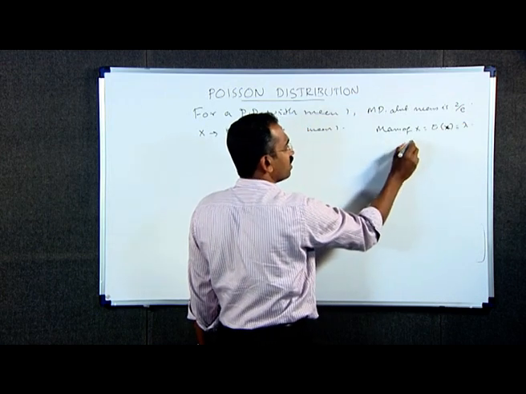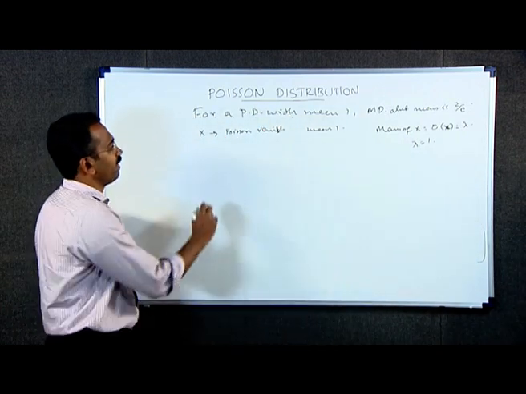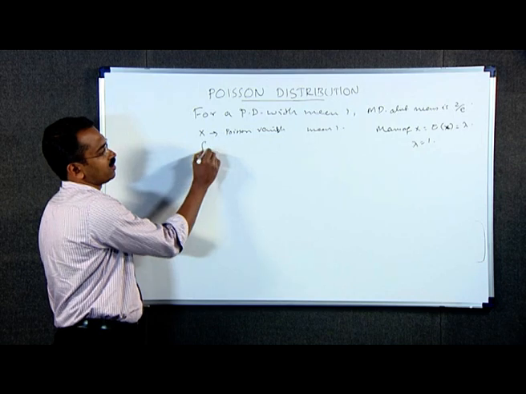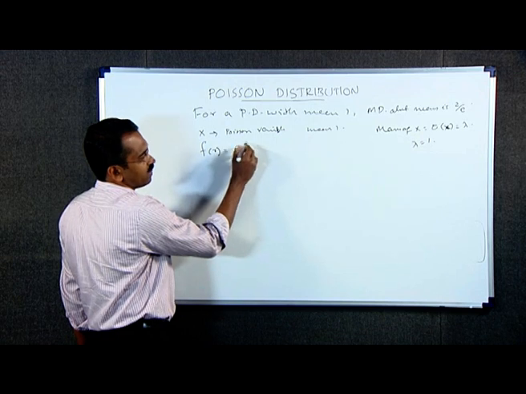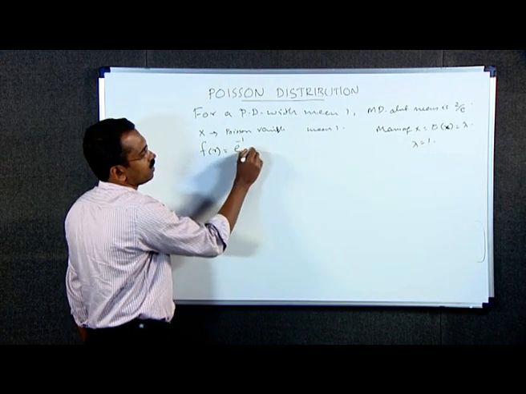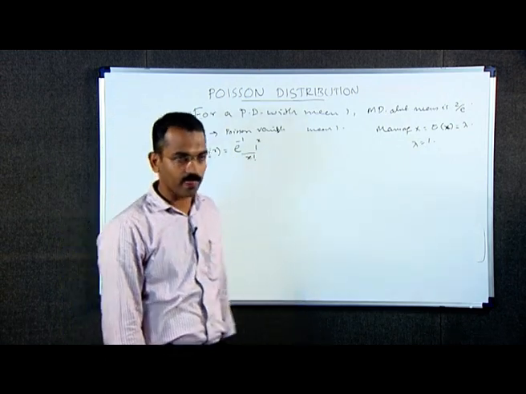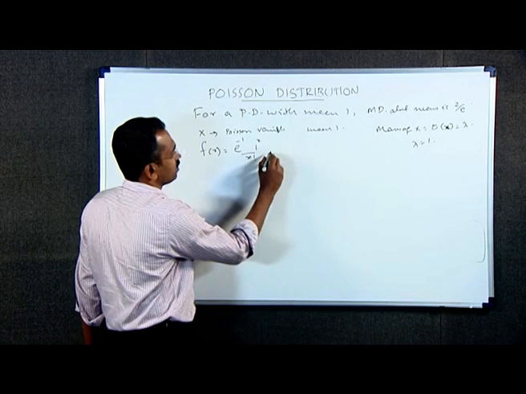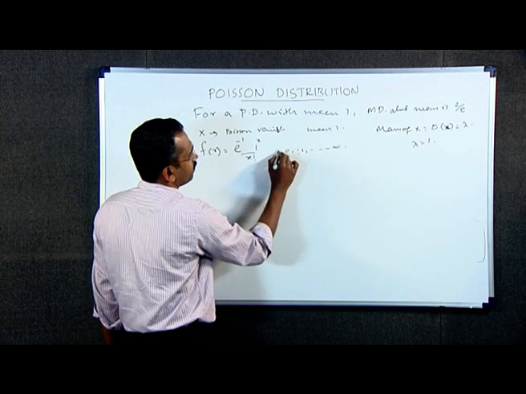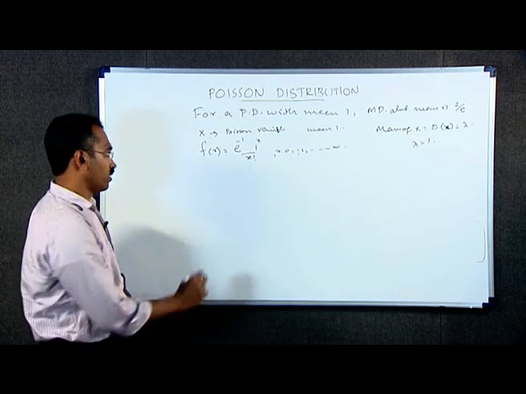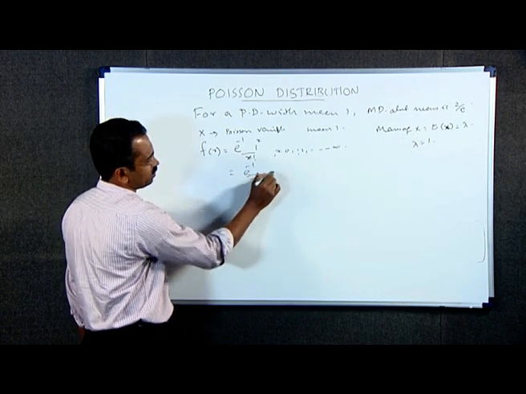Here the mean is 1, therefore the parameter lambda is 1. And we can write the corresponding probability function f of x as e raised to minus lambda, lambda is here 1, lambda raised to x divided by x factorial, where x varies from 0, 1, 2, 3 up to infinity. That is, f of x is e raised to minus 1 divided by x factorial.